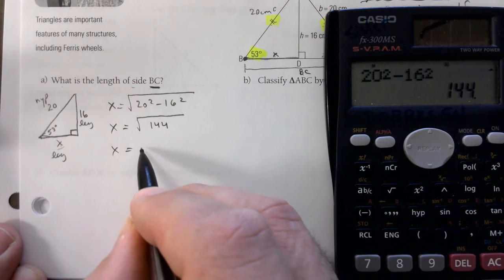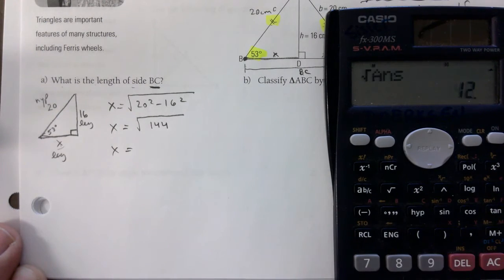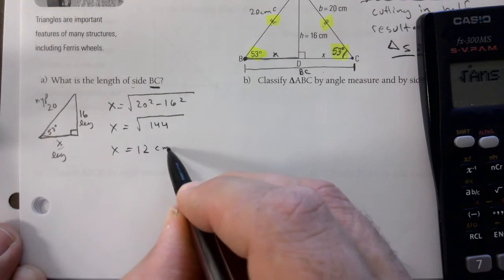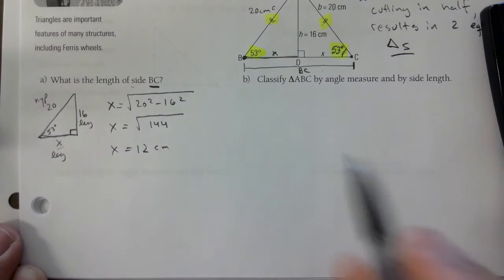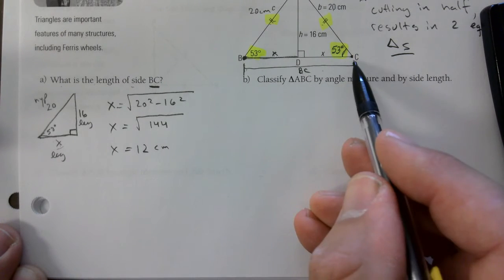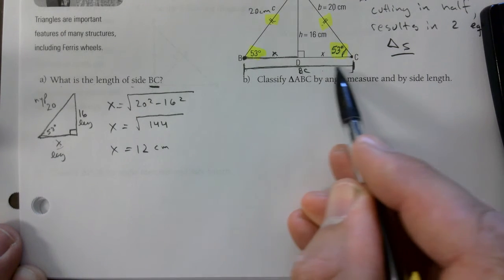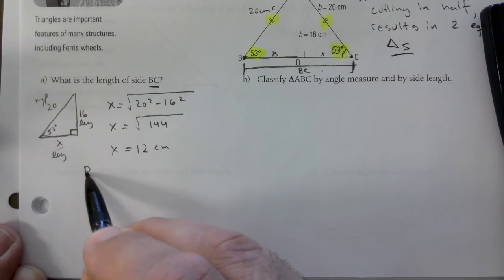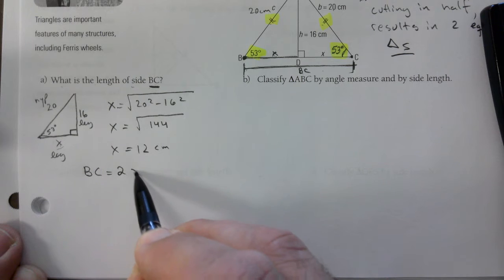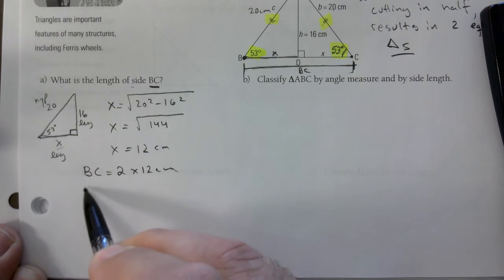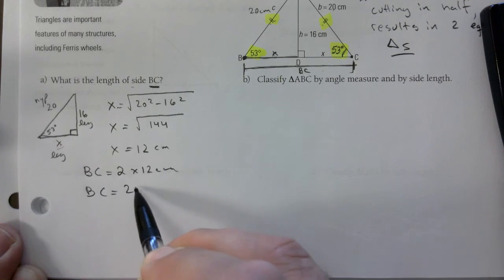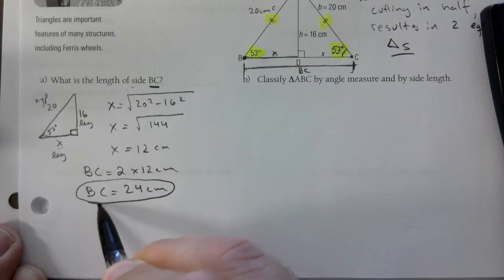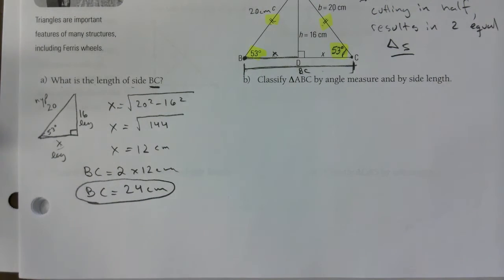And so square root of 144 is 12. And we are in centimeters. So now I can say that the length BC, from end to end, is going to be 2 times that number. BC is going to be 2 times 12 centimeters. BC is 24 centimeters. That's what they wanted.